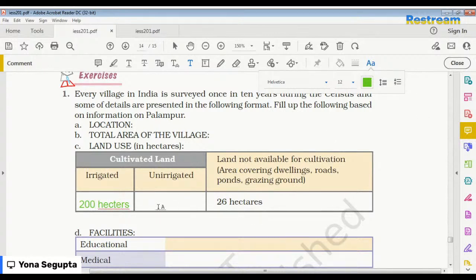Okay, next one is unirrigated. The cultivated land in the unirrigated part is what? We actually don't know.